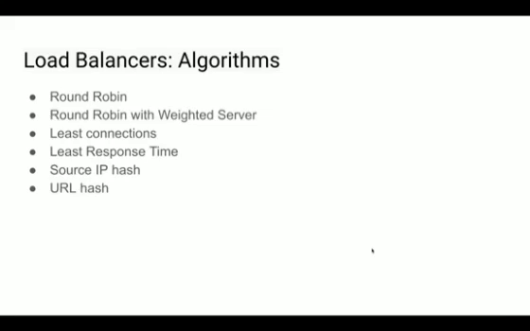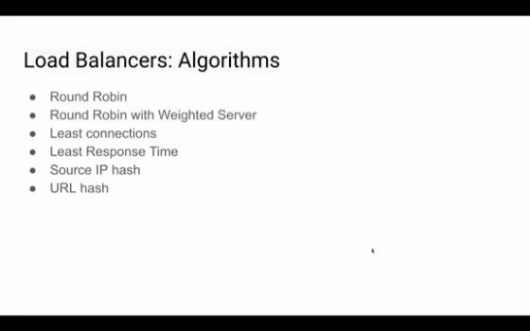Generally it measures the response time of all the servers, figures out which server has the least response time, and according to that it sends the request to that particular server.